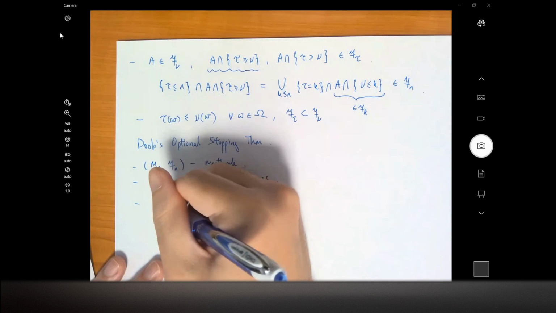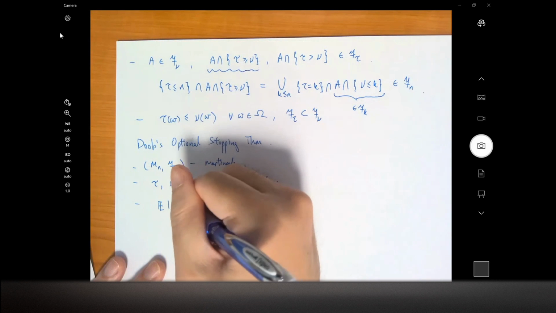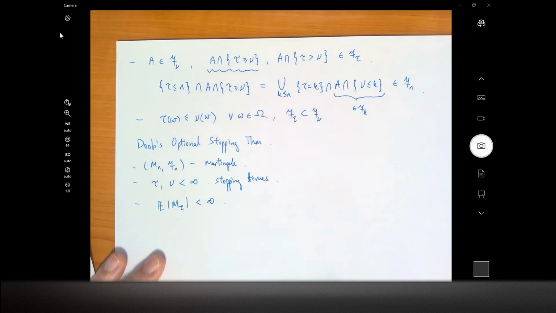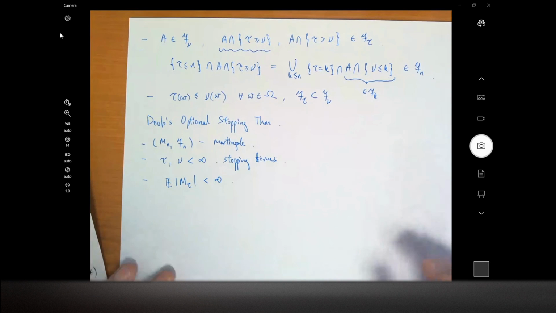Moreover, your stopped process at tau is finite, so this is integrable.